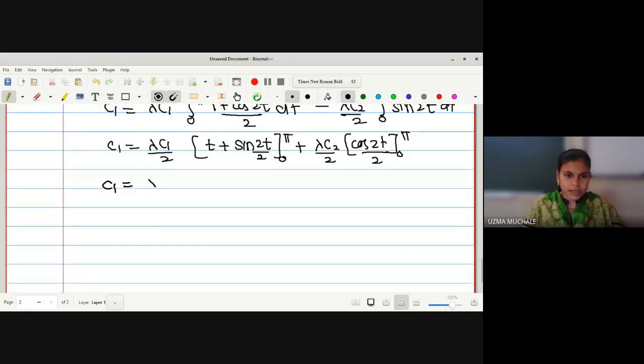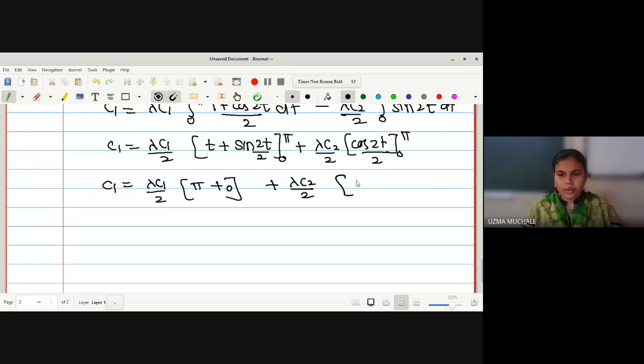So here we get lambda C1 by 2 into pi plus. Now what is the value of sine 2 pi? It will be 0. Sine 0 is again 0. So we get here pi plus 0 plus lambda C2 upon 2 cos of 2 pi.